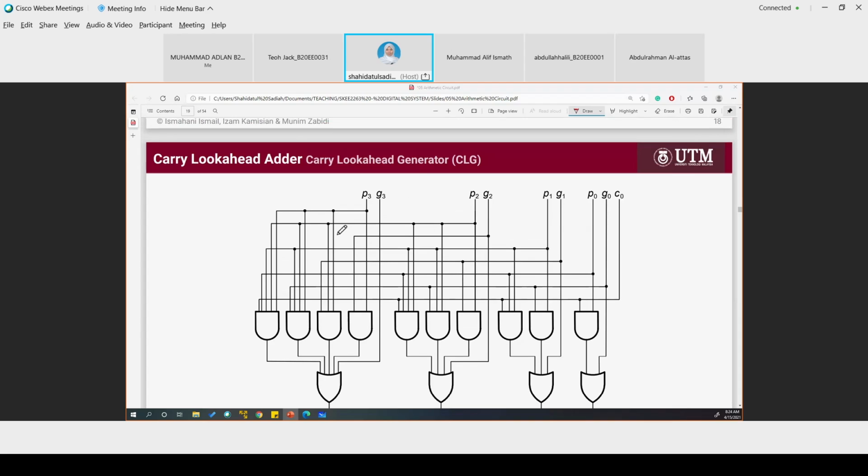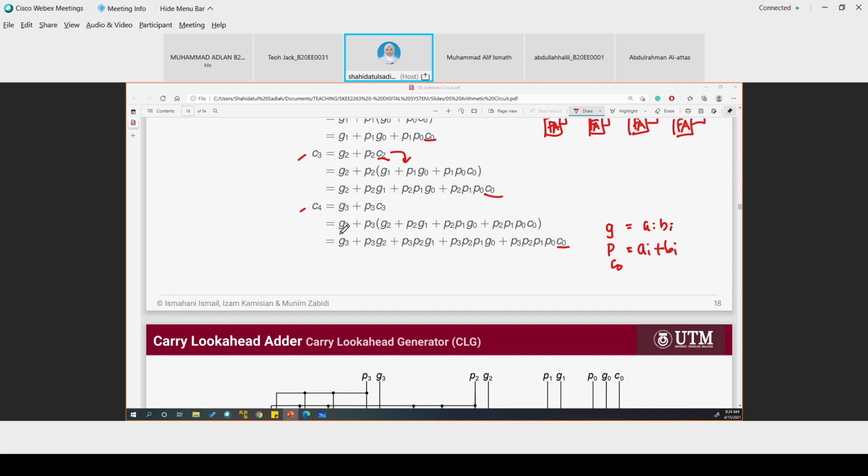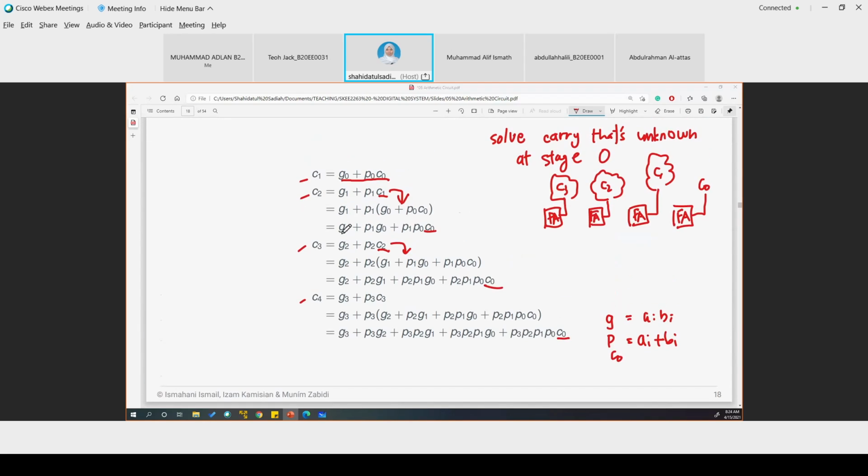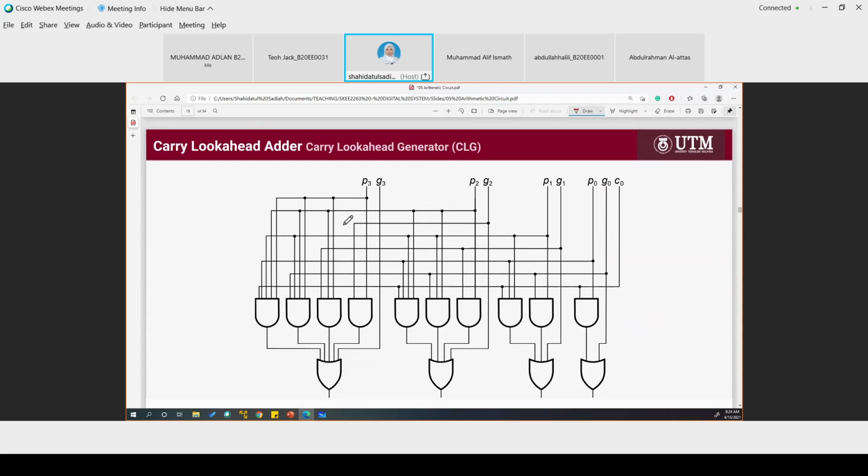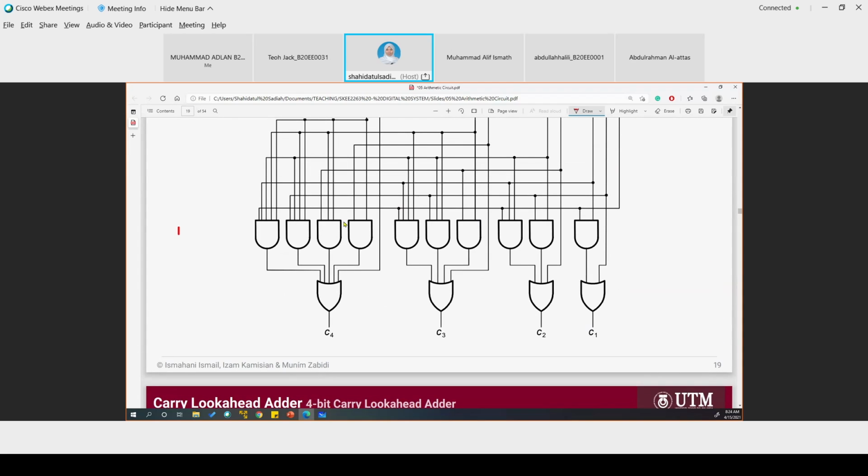Remember that I always remind you to keep the equation in SOP, sum of product, so that we will only have two levels, level 1, level 2. And it's a two level of AND and OR.